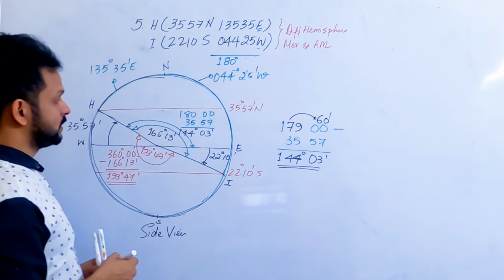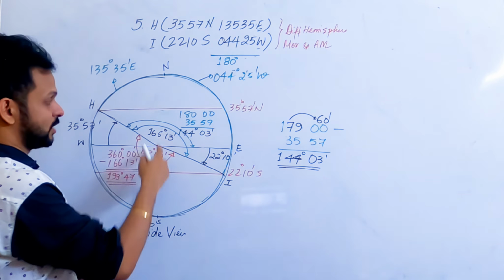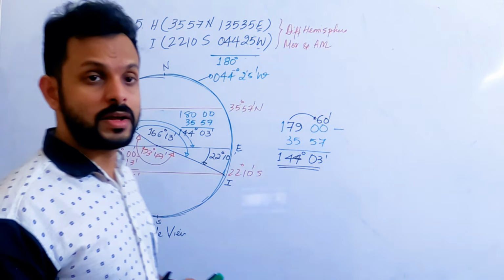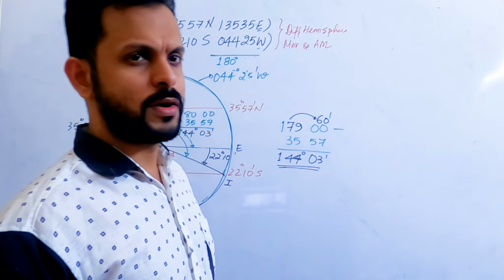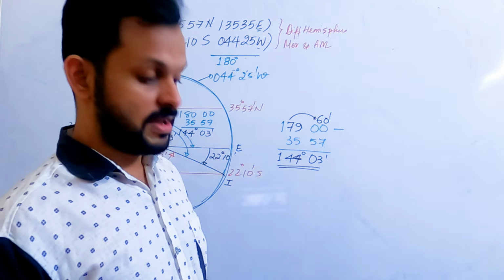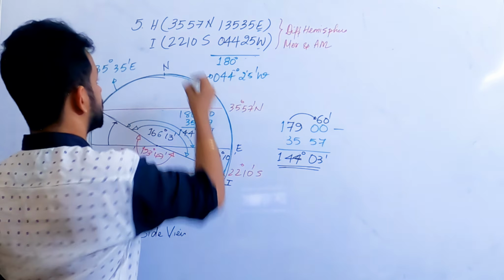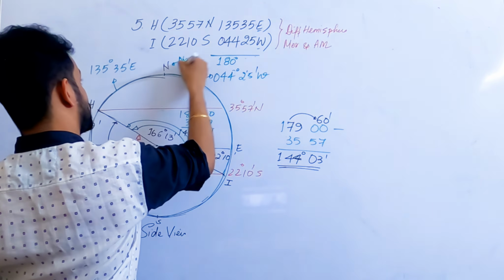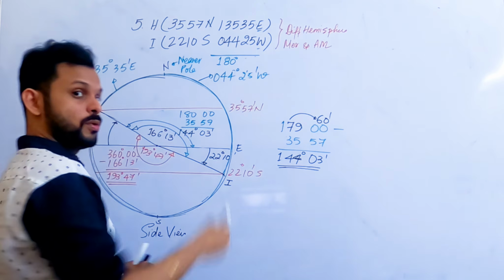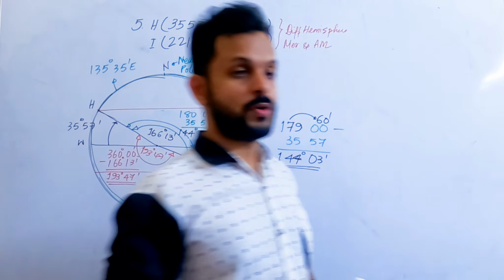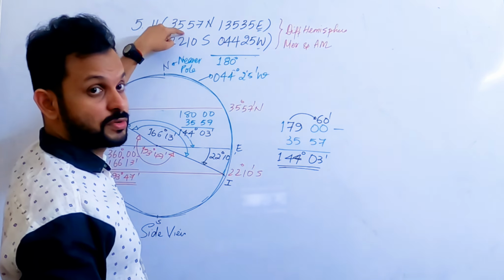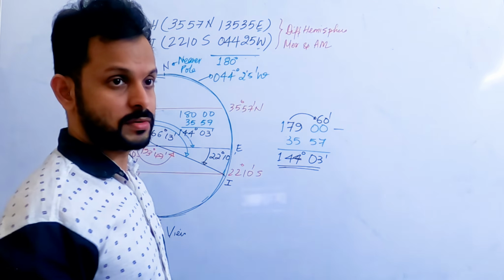Looking at both these angles, you can see that 166 degrees 13 minutes through the North Pole is the shortest, and therefore the North Pole is the nearer pole. So be very careful when you choose the nearer pole, especially when you have latitudes very close to each other. That's when this problem happens.